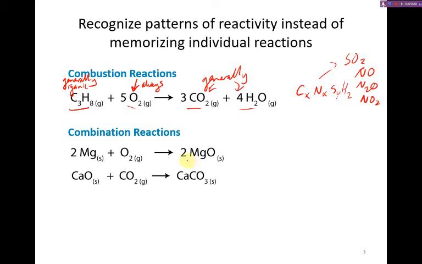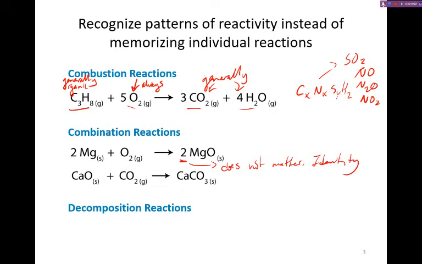The coefficient here does not matter as much as the identity. In other words, just because we made 2 magnesium oxides doesn't mean this is not a combination. But if we had made magnesium oxide plus something else, then it would not be combination.